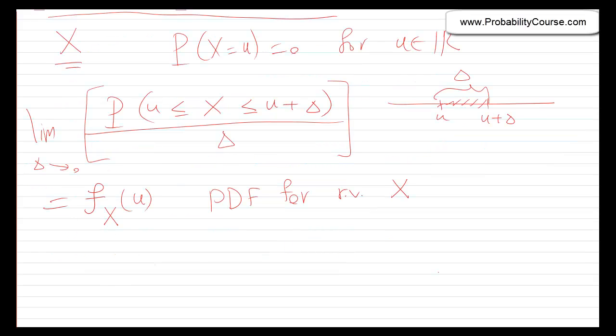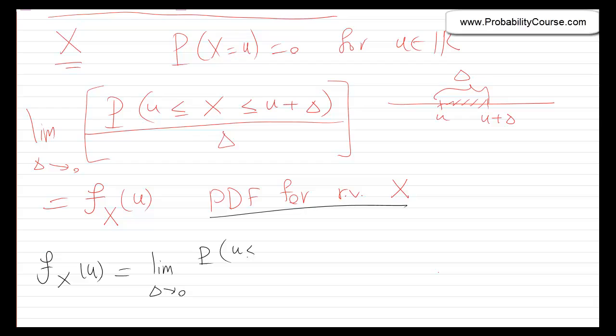So let me write it down again here. I define f_X(u), which is the PDF for the random variable X, as the limit as delta goes to 0 of the probability that X is larger than u and less than or equal to u plus delta, divided by delta.